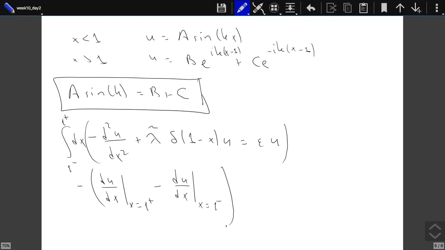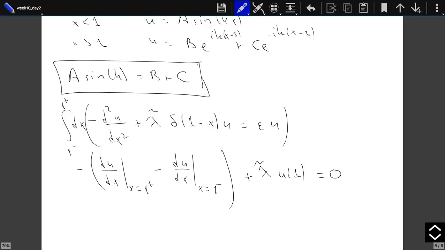And the Dirac delta tells me that the integral is lambda tilde times u at 1. And the right side should be equal to 0, because u is finite and epsilon is finite. If you integrate a finite function over an interval of 0 length, you get 0.